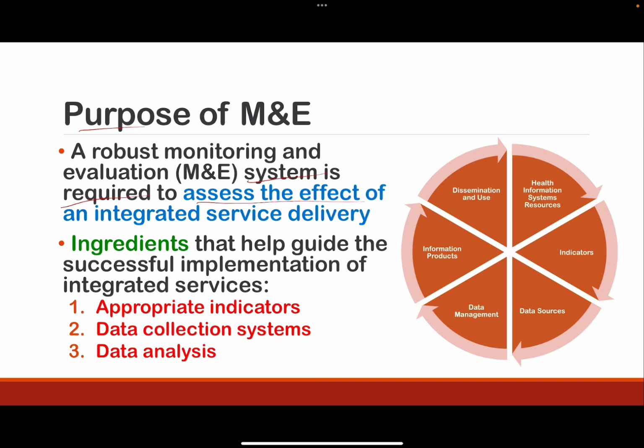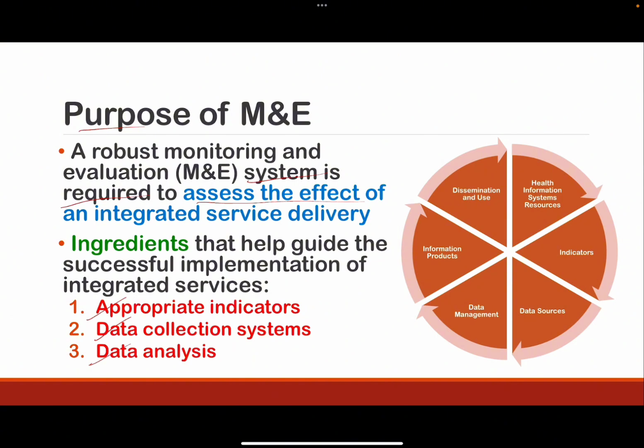So, appropriate indicators, data collection systems, and data analysis are needed to support decision making. They help guide the successful implementation of integrated services and measure the effect on both service delivery and use of services. Appropriate indicators, examples here, are your inputs, process, and outputs.